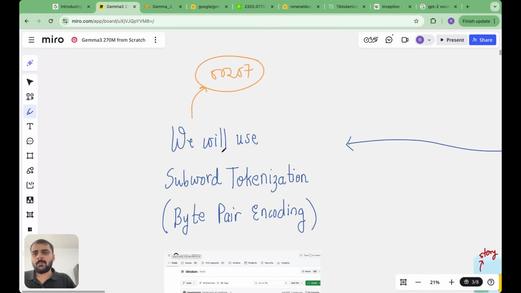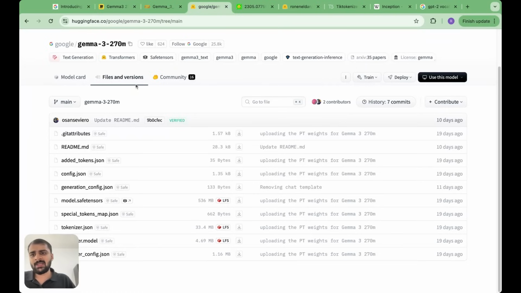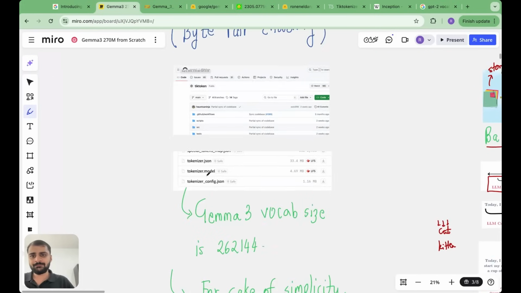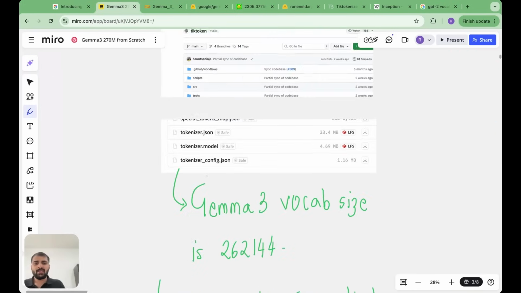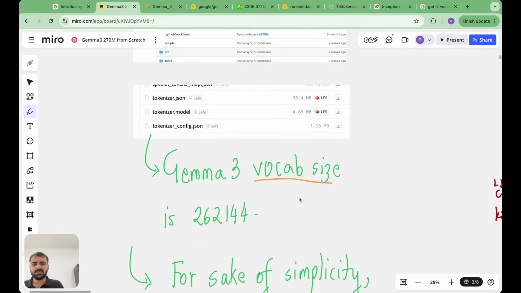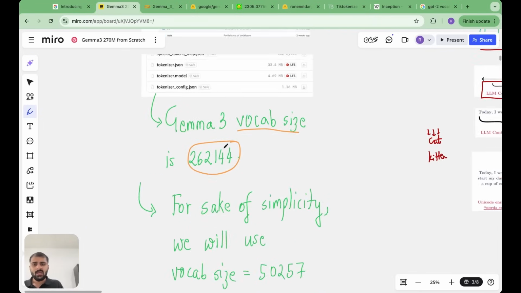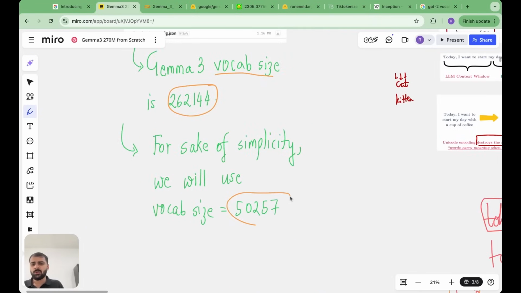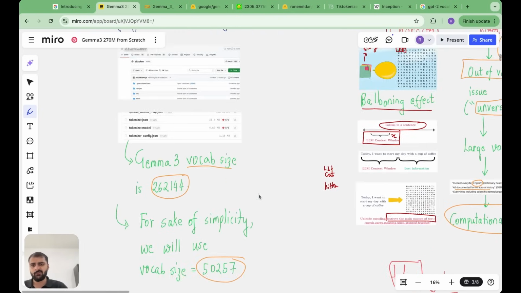Now, Gemma, right, when they released Gemma 3 270 million, they have not specified the data on which they trained their tokenizer. But their vocab size is 262144. But for the sake of simplicity, we are going to use a vocabulary size of 50257.